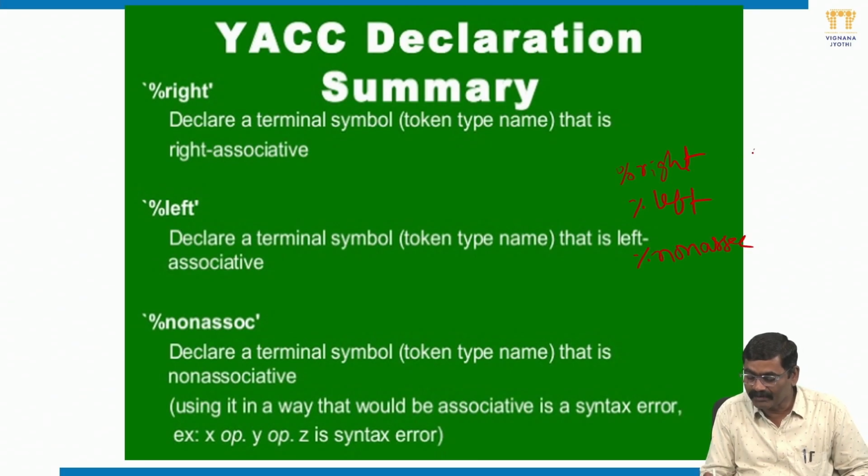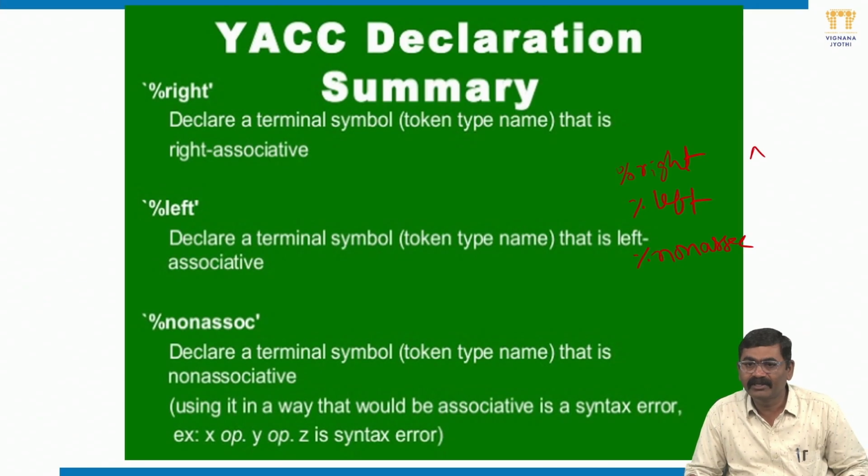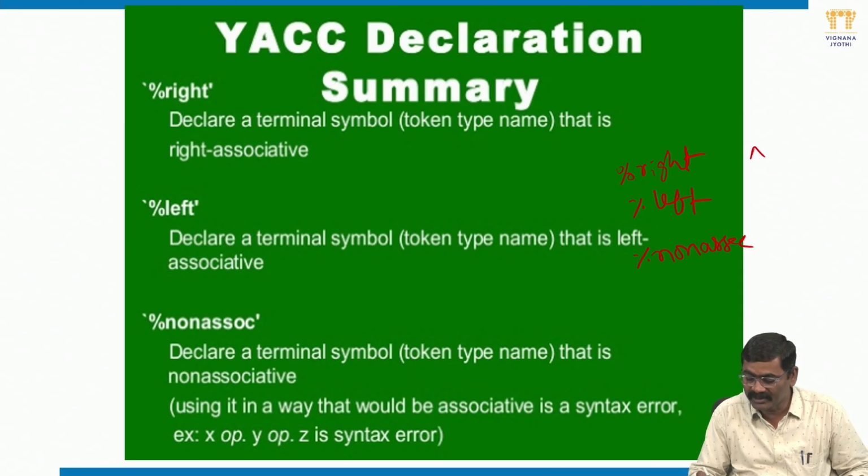For example, cap is one operator. This operator generally performs the operations from right to left. Therefore, this can be represented as %right. For example, plus is the operator that can operate from left to right order.